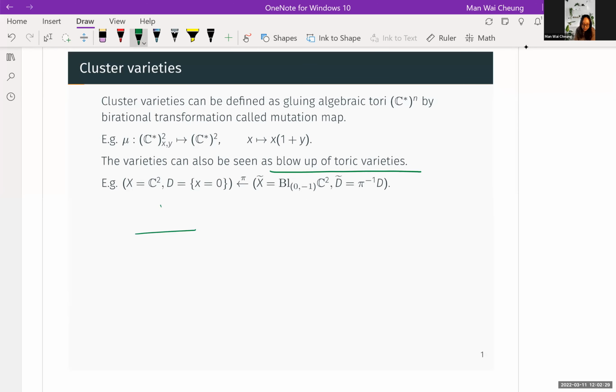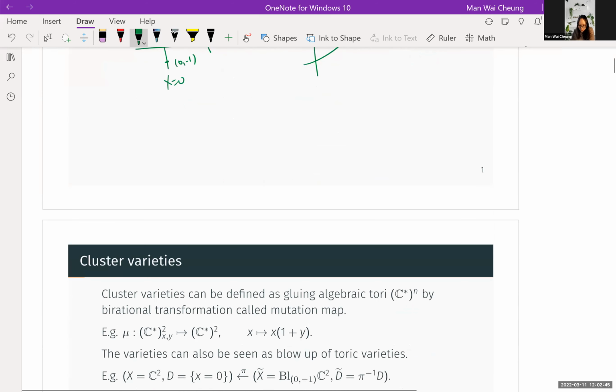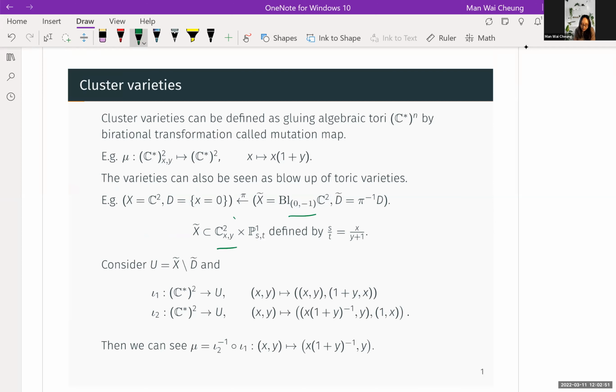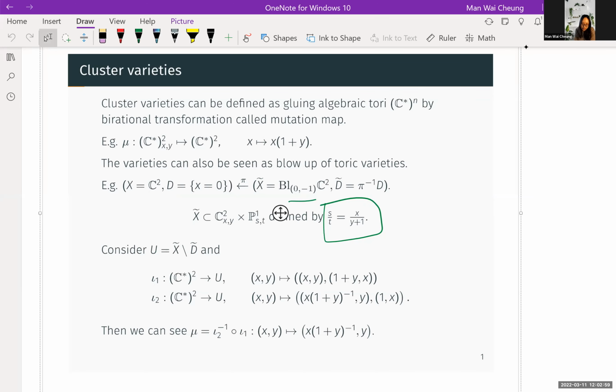Here we have C2, x equals 0, y equals 0, and this divisor here, and we blow up at the point (0, -1), a very standard thing to do. Following Hansol's work, the blowup lies in C2 cross P1, defined by this relation. Then we look at the open piece of this blowup and want to have a covering of this open piece.